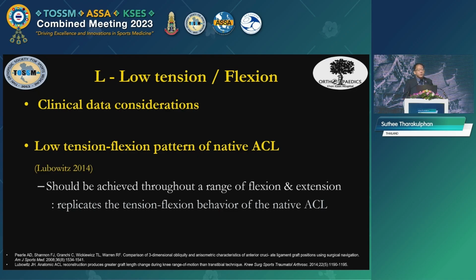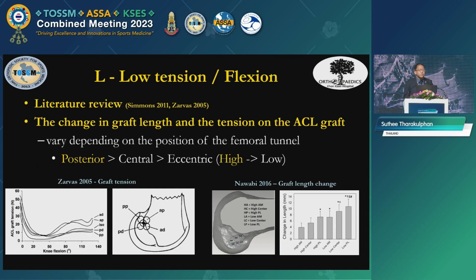About L, it is low tension and flexion. From clinical data consideration, the study from Dr. Lubowitz, the low tension flexion pattern of the native ACL should be achieved throughout a range of flexion and extension to replicate the tension flexion behavior of the native ACL.